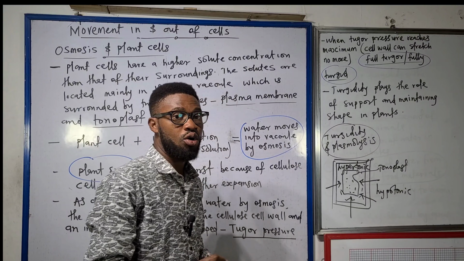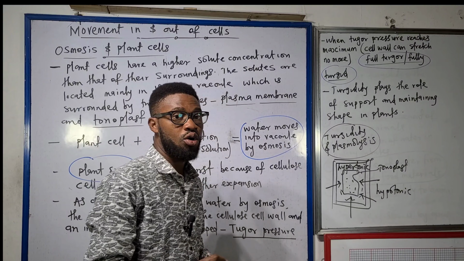So plant cell plus a weak solution, that's a hypotonic solution here, means that water is going to be drawn into the plant cell. Water is going to move into the vacuole by osmosis.